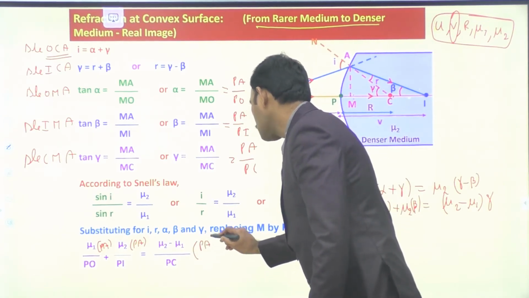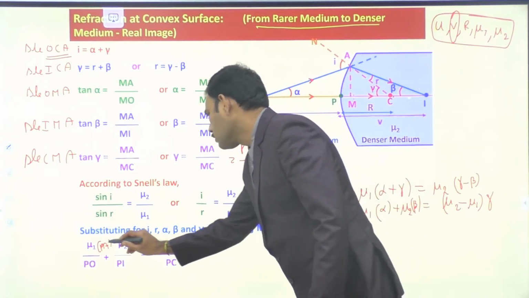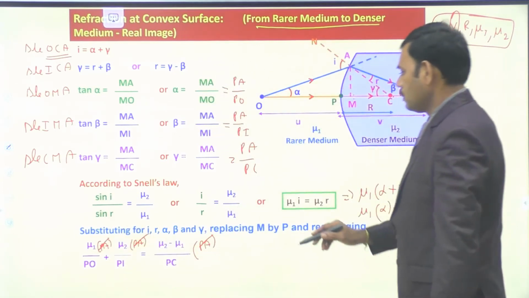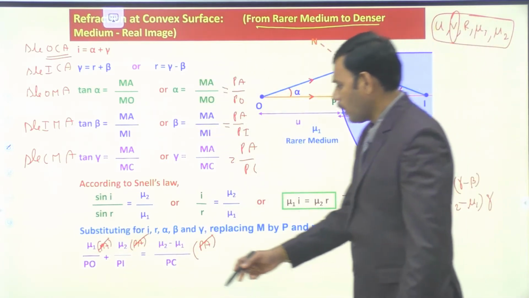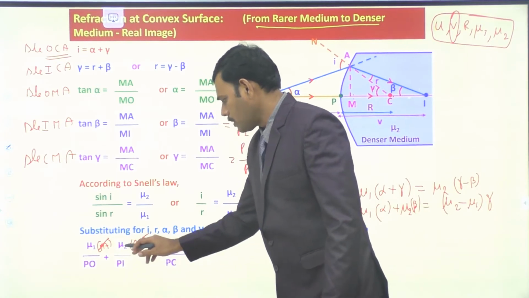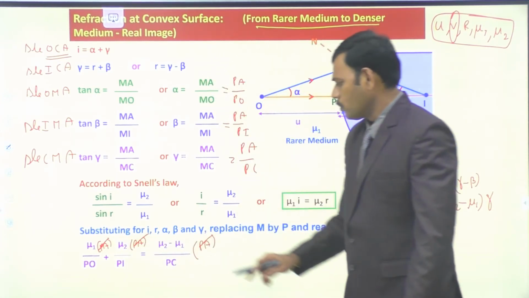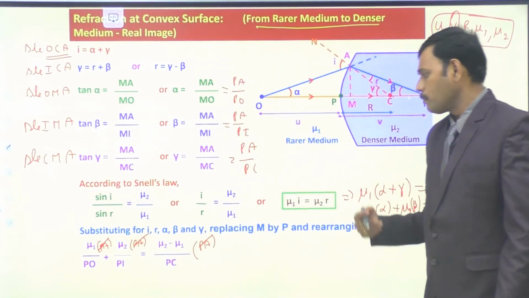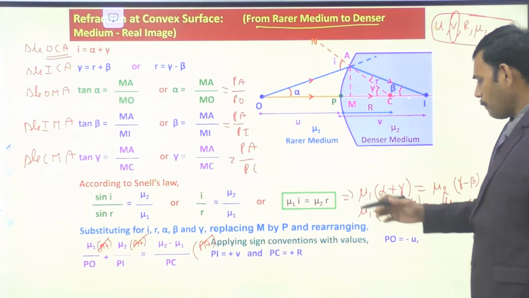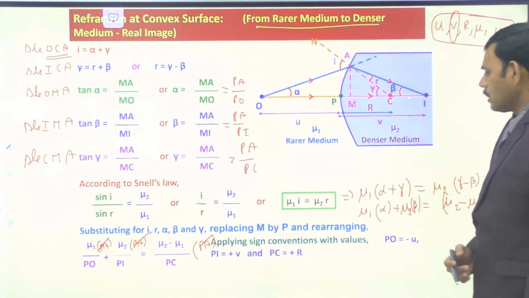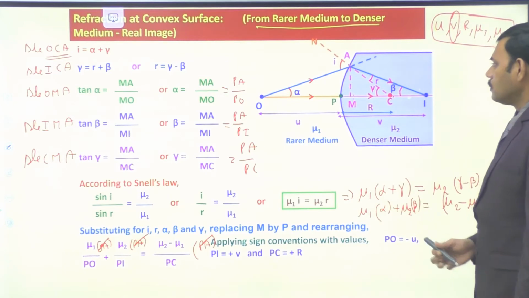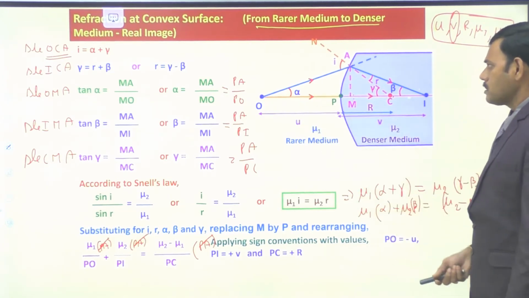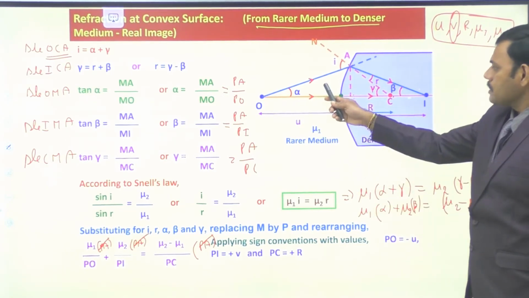So on both sides the PA value gets cancelled, that's why we eliminated it. Hence we have this formula: mu1 by PO plus mu2 by PI is equal to mu2 minus mu1 by PC. Now applying sign convention and replacing each value, PO is the object distance in the opposite direction to the propagation of light.